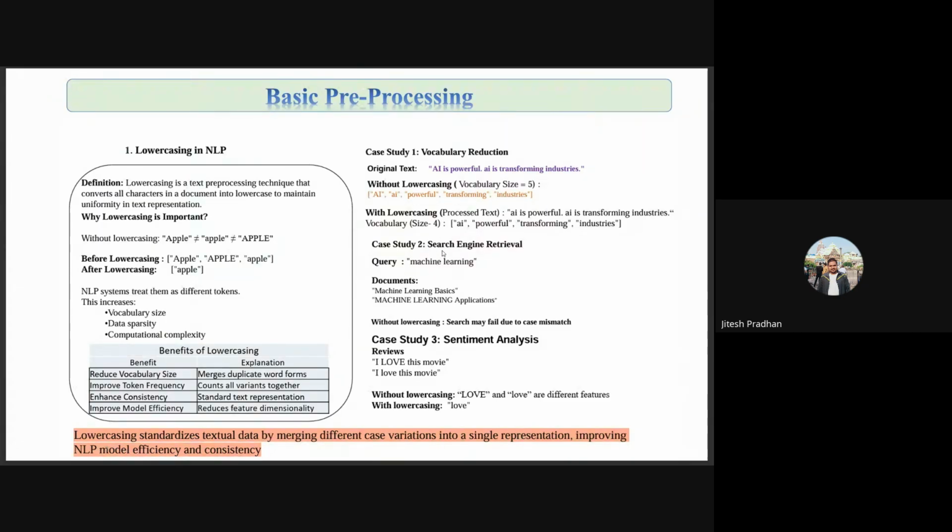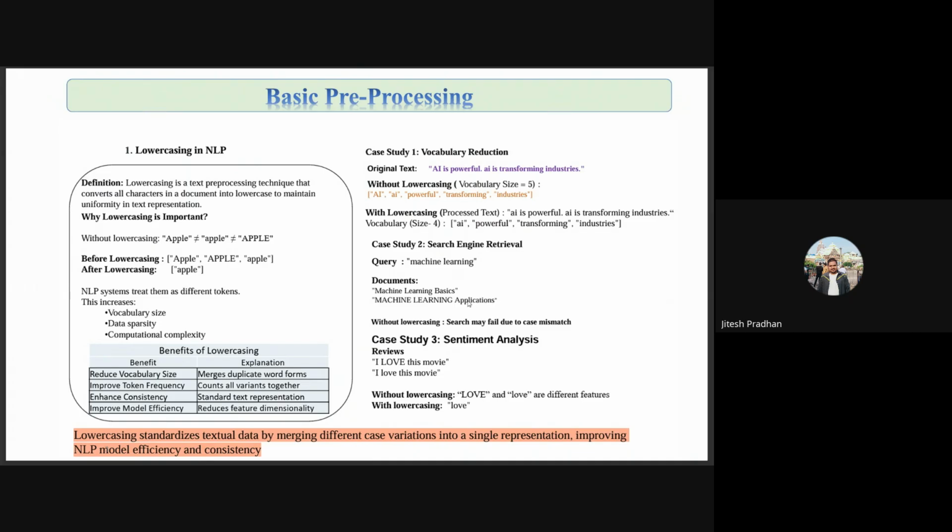Now another case study is search engine retrieval. The query is machine learning. Take "machine learning basics" and "machine learning application". If I am searching machine learning, there is a chance that someone has written machine learning basic, so it will match. But if it is not lowercase, it won't match the application one.